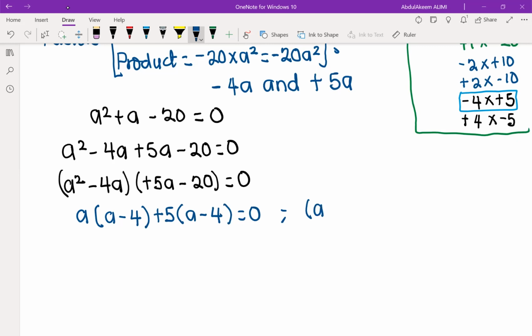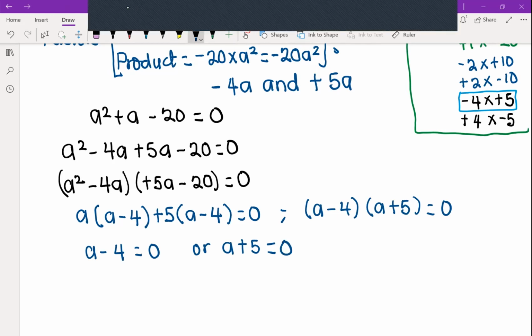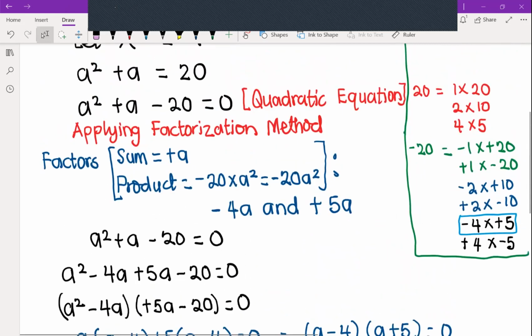I have a minus 4 and a plus 5 equals 0. Invariably, I can write this as a minus 4 equals 0, or a plus 5 equals 0. So the value of a here is 4 or minus 5.